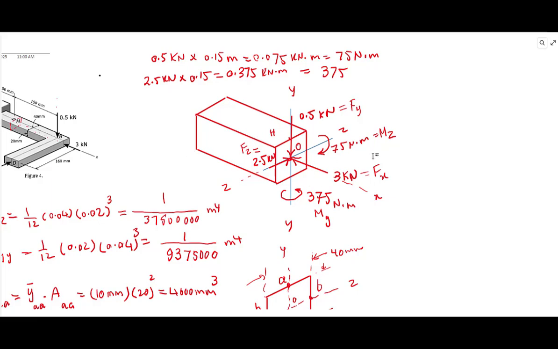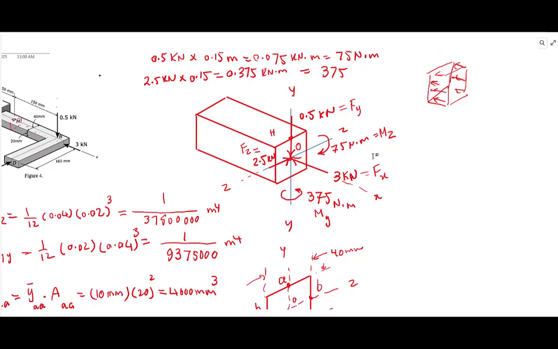So if I want to check point H, due to that 3 kilonewton, you would have a uniform distribution of stresses like so. That stress you can easily calculate by dividing 3 kilonewton by the cross-sectional area.